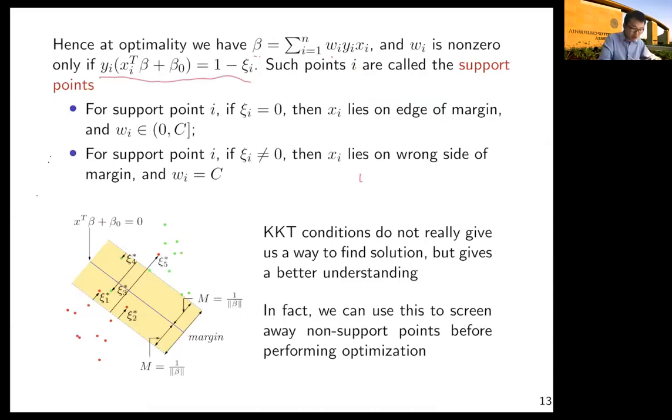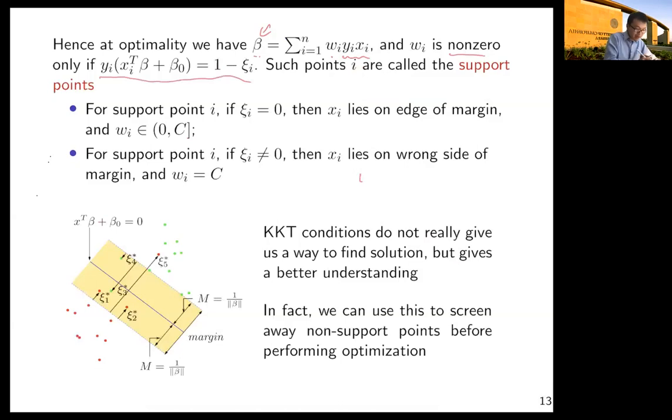That's essentially selecting the data points that contribute to the final solution of the optimization problem. When these w_i's are 0, it doesn't really matter whether those data points are there or not. It's not going to affect your optimal solution at all. But for those where w_i is non-zero, we call them the support points or support vectors. That's where the name support vector machine comes from.